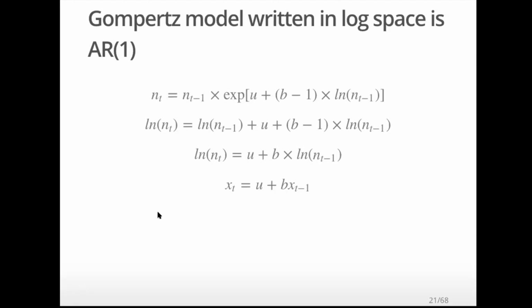Another feature of the Gompertz is that you can think of it as a locally linear approximation to a lot of other types of density-dependent models. So this is really easy mathematically to work with. And then we can show that as long as the population doesn't really change a whole lot, we can use this to approximate all kinds of other density-dependent functions.